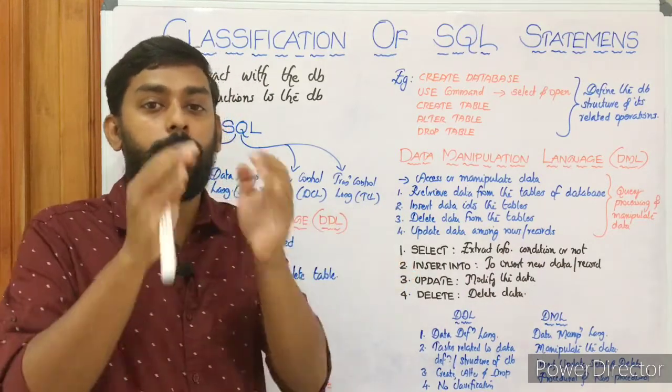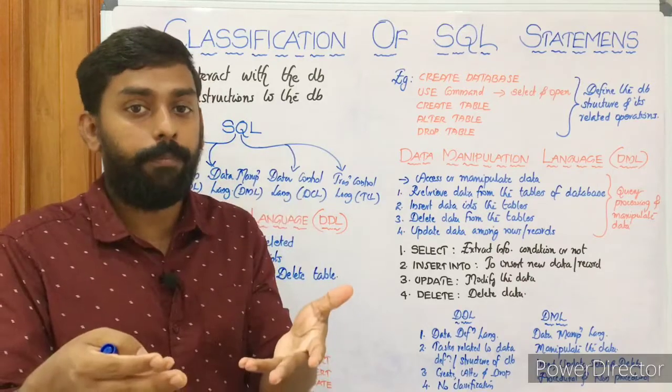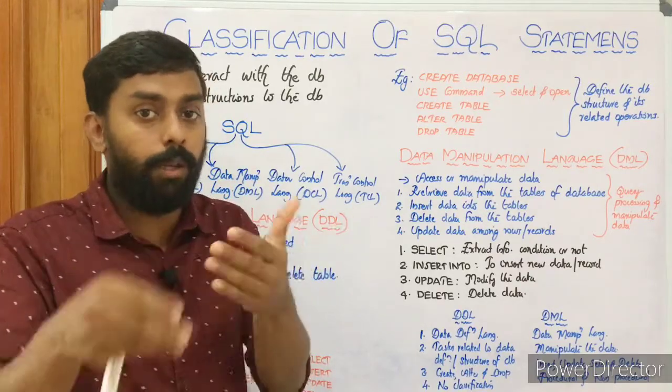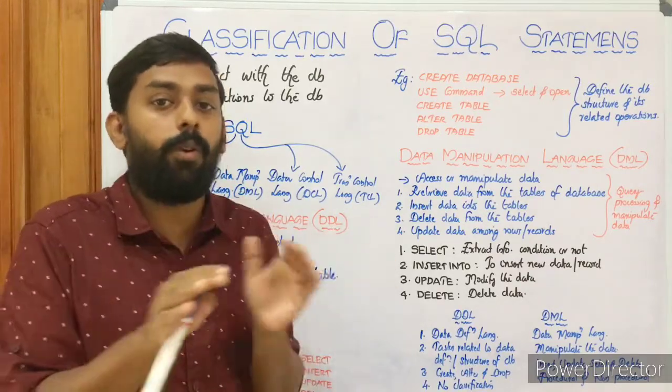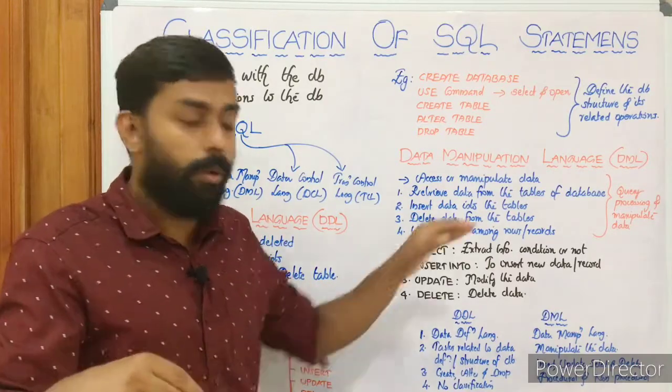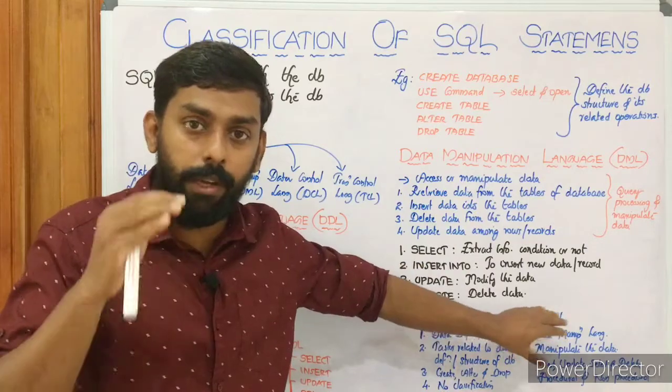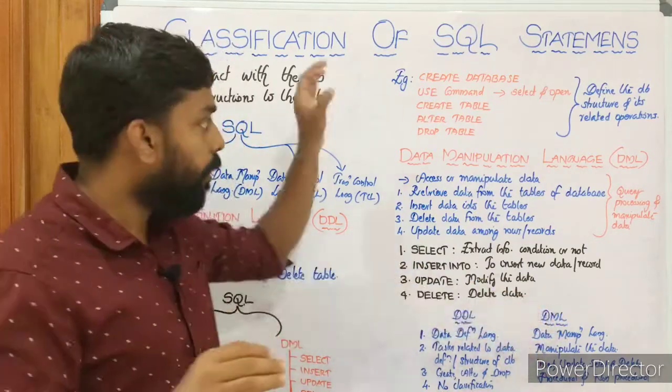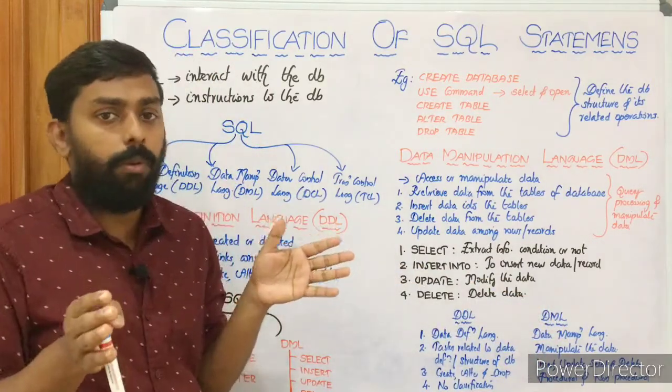In procedural, we have to specify what to get and how to get. You have to code how to get it. But in non-procedural, we don't have to look at how to get, we look at only what to get. So all the commands we have discussed so far in DML are non-procedural. This is something very important for you.